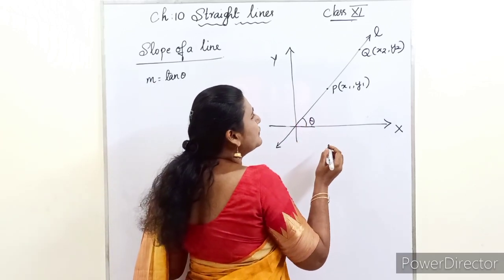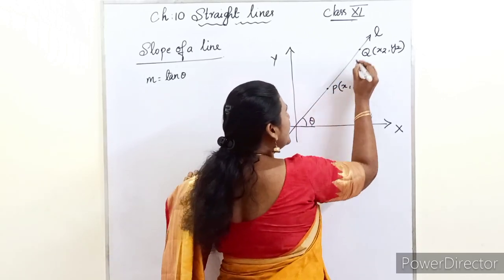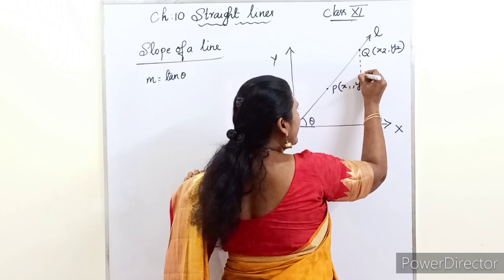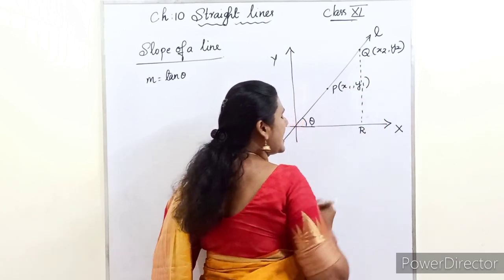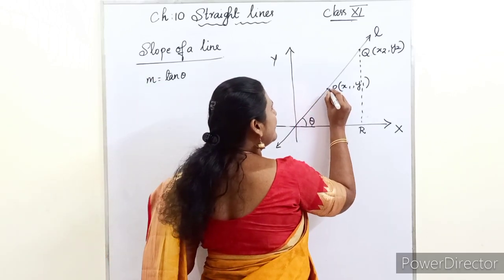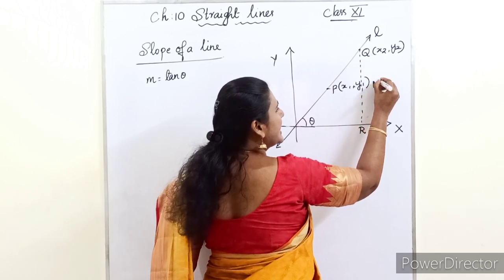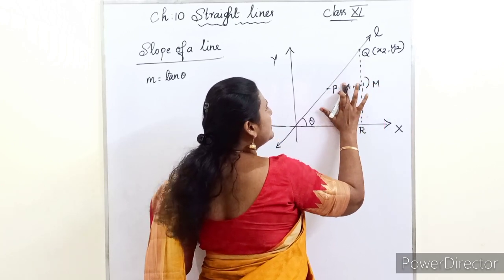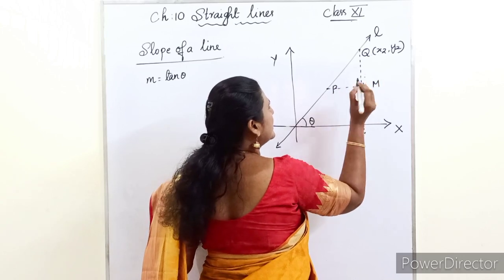Now we have to find the slope of this line L. So we'll draw a perpendicular from Q to x-axis. We'll denote this as QR. And from P, we'll draw a perpendicular to QR. We will denote this as PM. So PM is the perpendicular to the line QR.